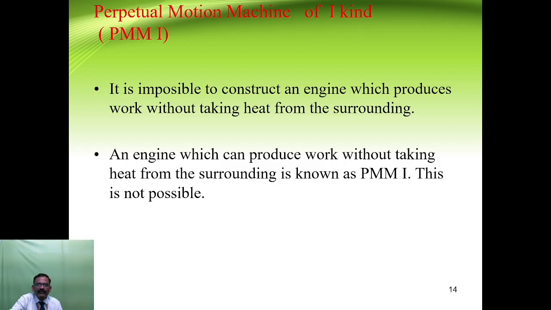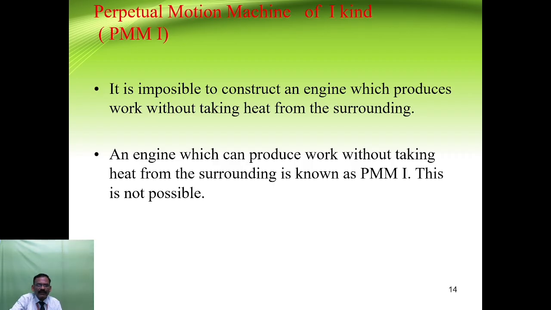It says that it is impossible for an engine to produce work without heat input. Yes, it's true. But if it were possible, it would be called a perpetual motion machine.